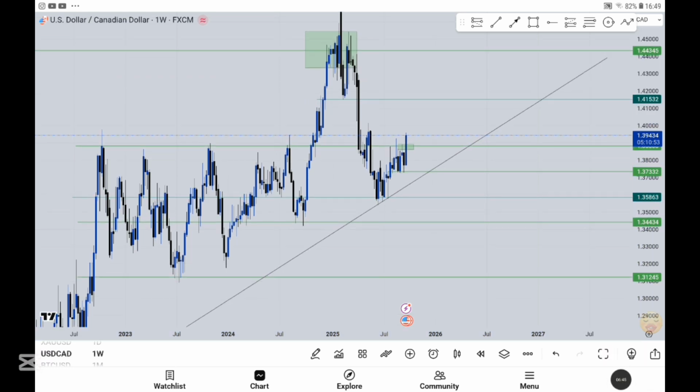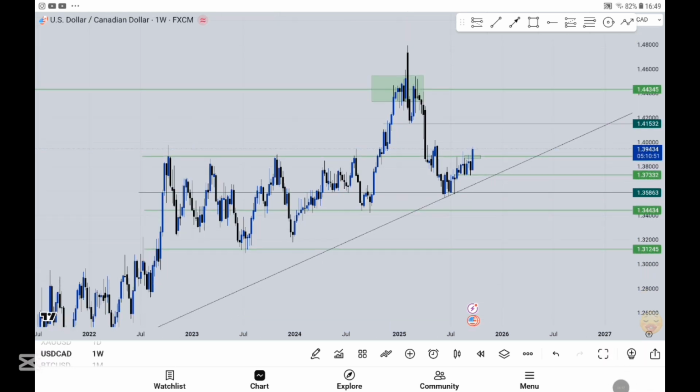So right now we can see the market breaking out from this level here. Just like I said, we are waiting for a retest on this level before we see a continuation to the upside. And you can also see the previous scenario that happened in the market: when the market broke above it, it retested and rejected upward.